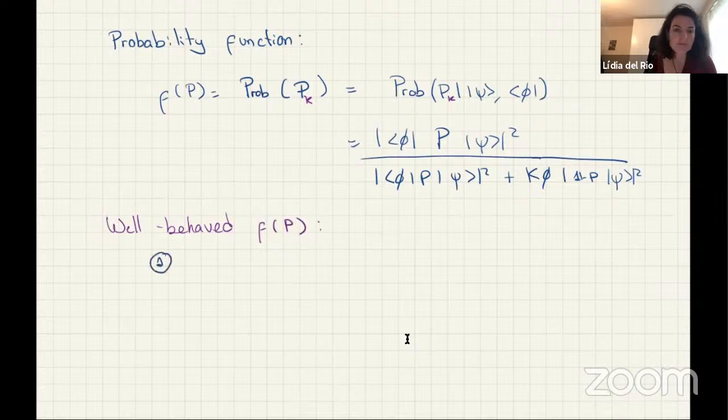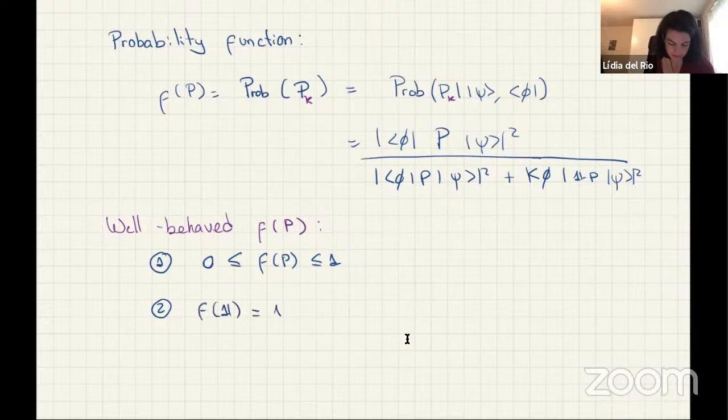One, it's a probability, so it belongs between 0 and 1. Two, well, if our projector is the identity, then the probability should be 1. And if our projector is nothing, then the probability should be 0, right? This is for all P.